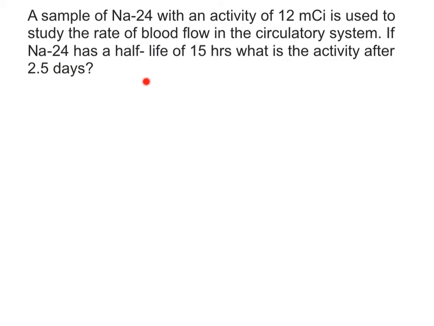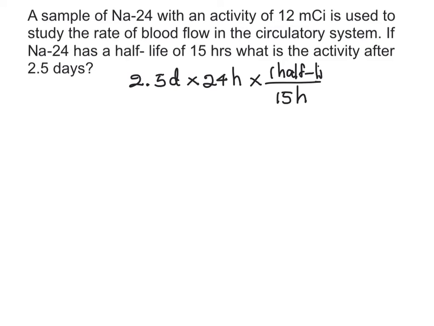For that we have to divide 2.5 days, converted to hours by multiplying by 24, by 15 hours, and the number of half-lives n is equal to 4.